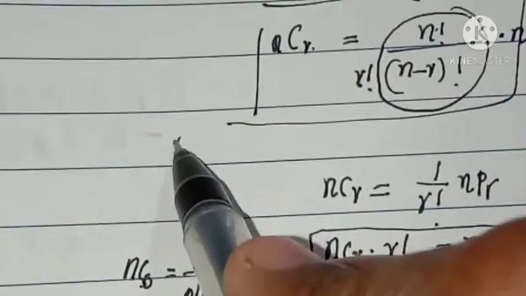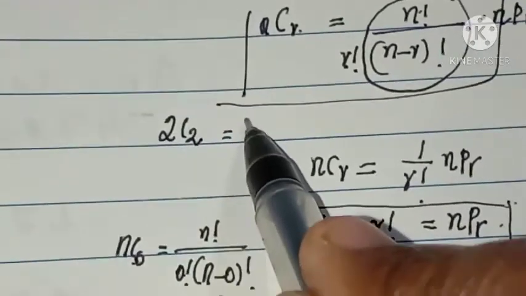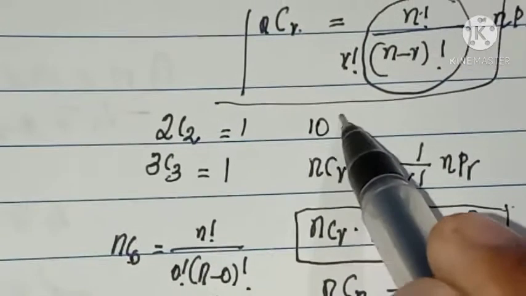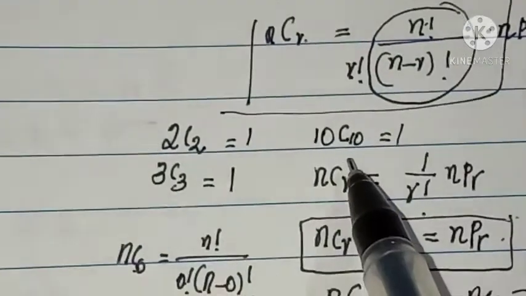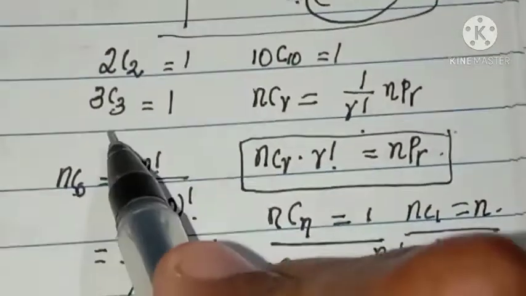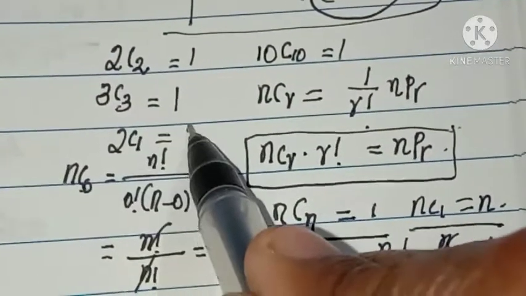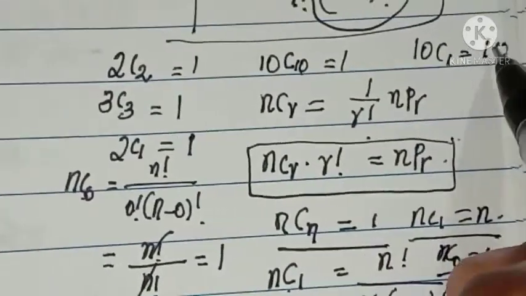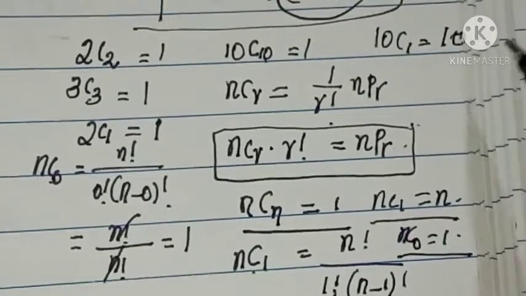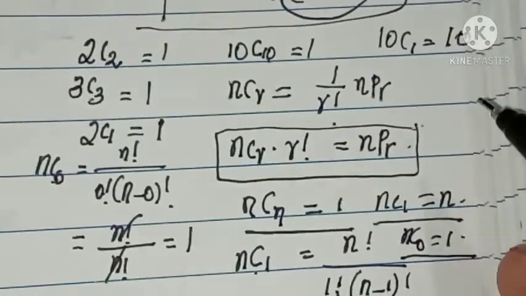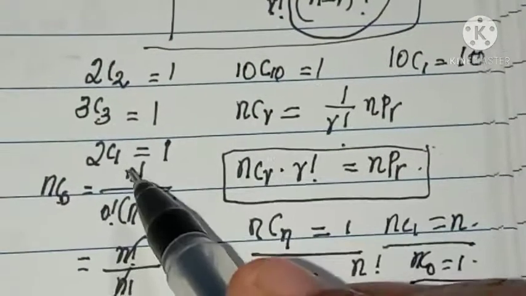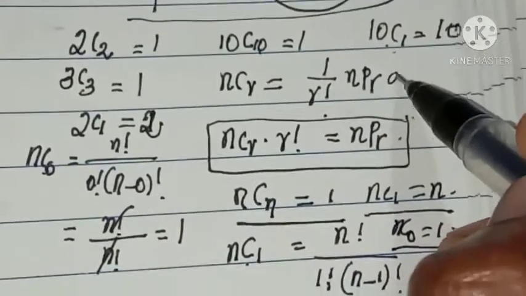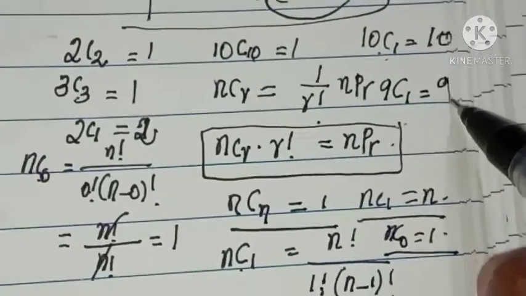For example, 2C2 is 1, 3C3 is 1, 10C10 is 1. Similarly, 2C1, sorry, 2C1 is equal to 2. 10C1 is equal to 10. 9C1 is equal to 9.